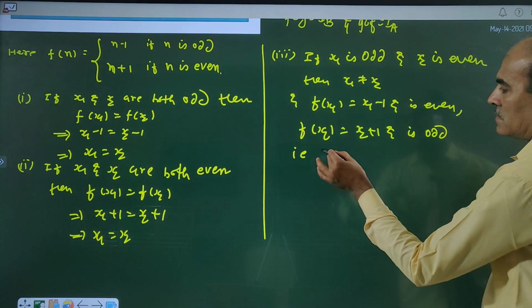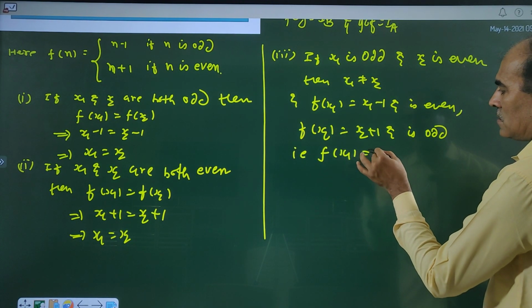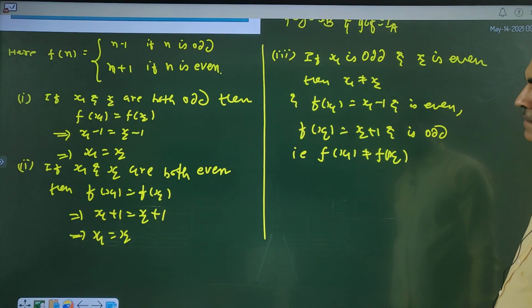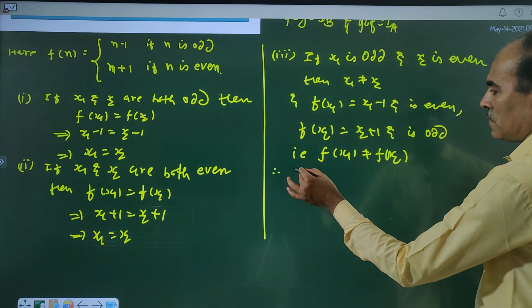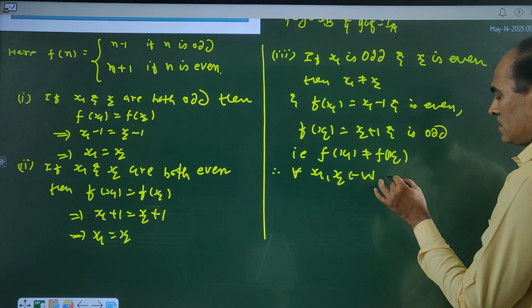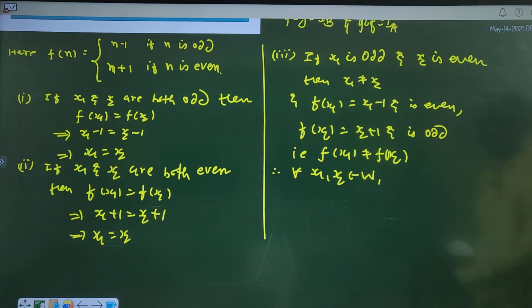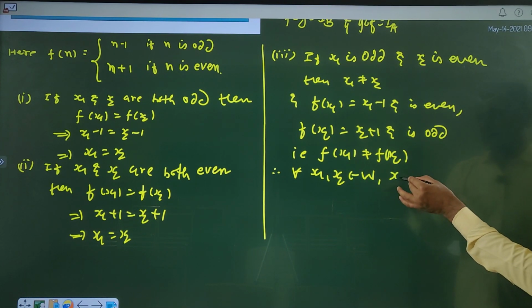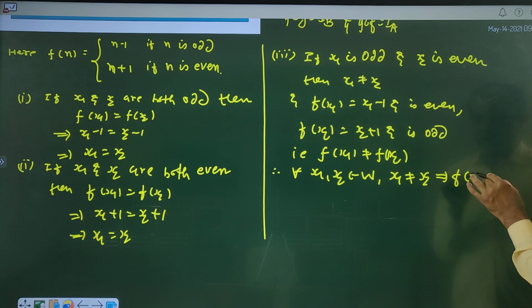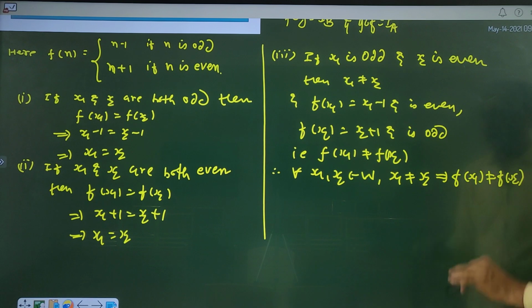That is, f of x1 is not equal to f of x2. Therefore, for all x1, x2 belongs to W, the set of whole numbers, x1 not equal to x2 implies f of x1 not equal to f of x2.